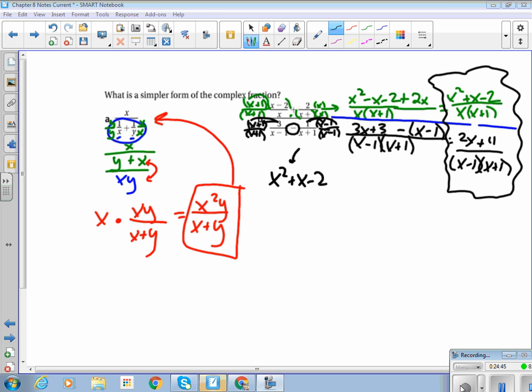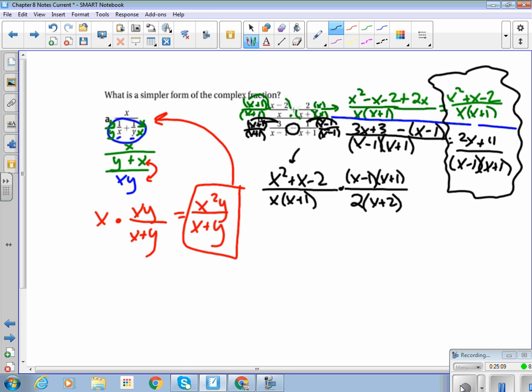As we're writing this, I want you to think of how you would factor x squared plus x minus 2. So that would be times the reciprocal, so it would be x minus 1, x plus 1, 2.